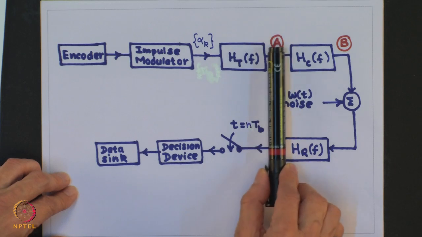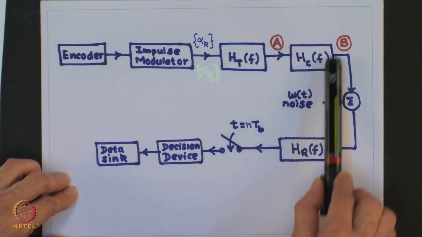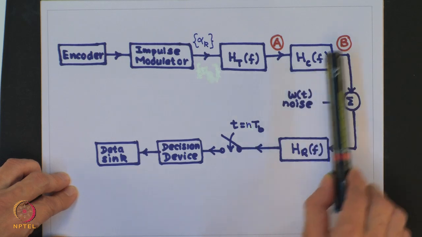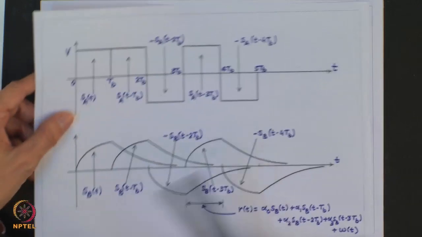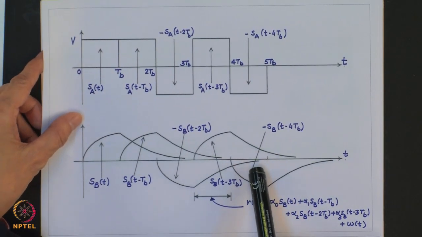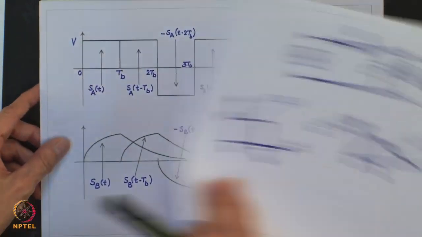Then the output of this filter goes to the channel. This is the point B which I have denoted, and this was the output which I had shown earlier at point P. So, this is the same as what you see here.